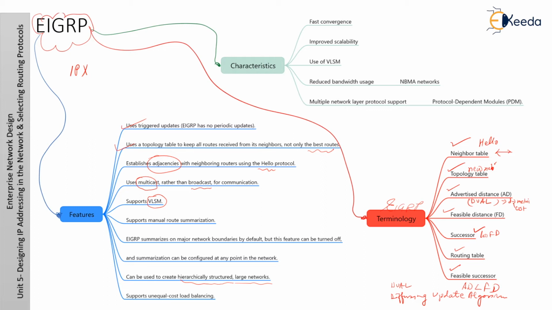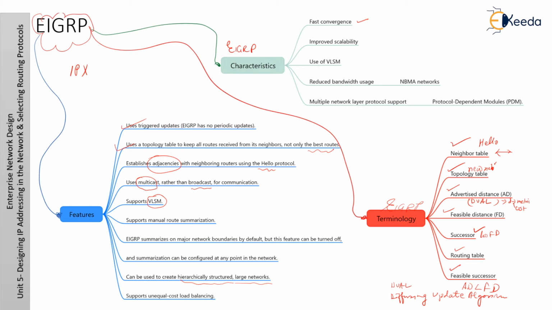Let us now discuss some of the characteristics of EIGRP. First is fast convergence. Convergence is a sort of synchronization. One advantage of EIGRP is fast convergence, through the DUAL route calculation mechanism.